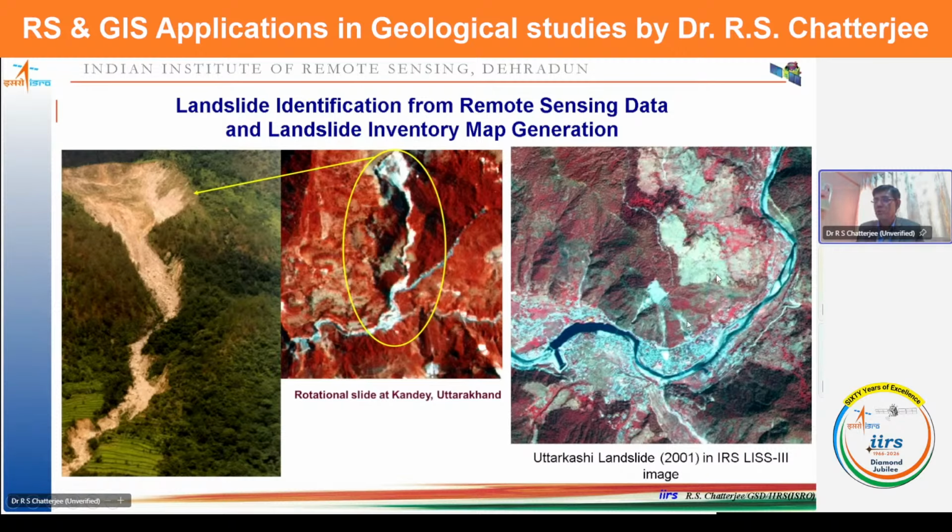In 2001, the landslide happened and this trident-like scar developed. After that, the landslide has been rejuvenated many times, with recurrent activity.